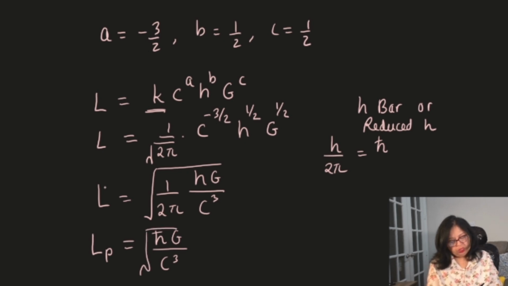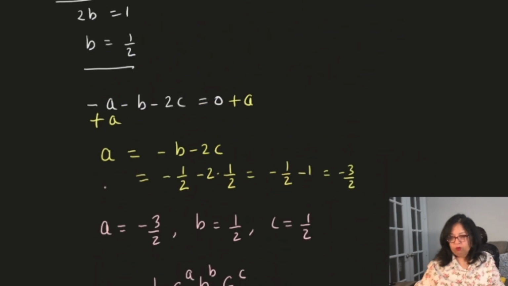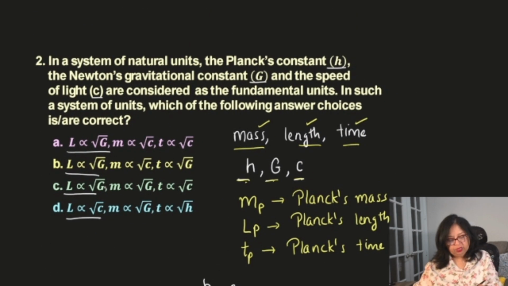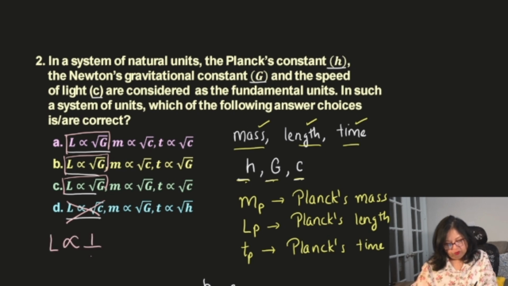So L is proportional to the square root of g, and inversely proportional to the square root of c cubed. So L is proportional to the square root of g. That means this is correct, this is correct, this is correct, but this is not. Why? Because L is proportional to the square root of 1 over c cubed.